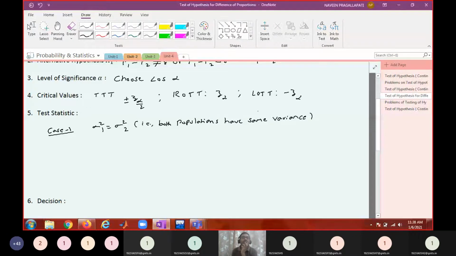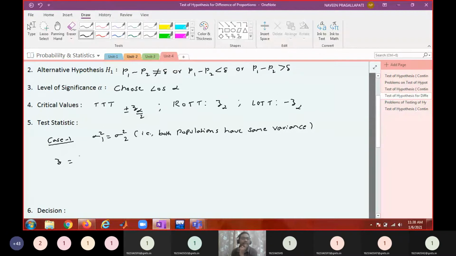In that case, the test statistic we consider is like this: z equal to, so what is the random variable now? Previously it was x1 bar minus x2 bar, the difference of sample means.